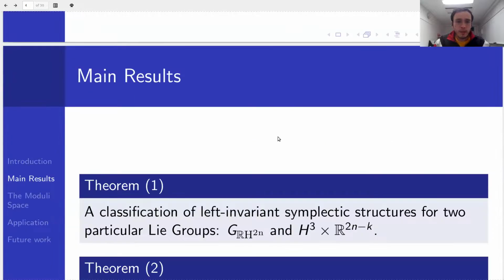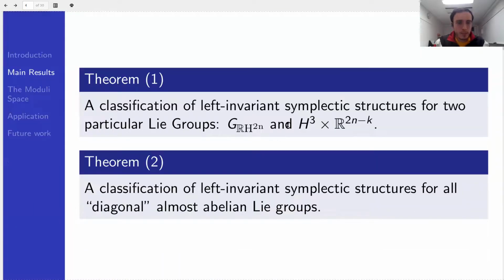My main results so far can be summarized in these 2 statements. They are about the classification of left-invariant symplectic structures. The first one is a classification in 2 particular Lie groups. The second one is a classification of left-invariant symplectic structures in a family of almost abelian Lie groups.